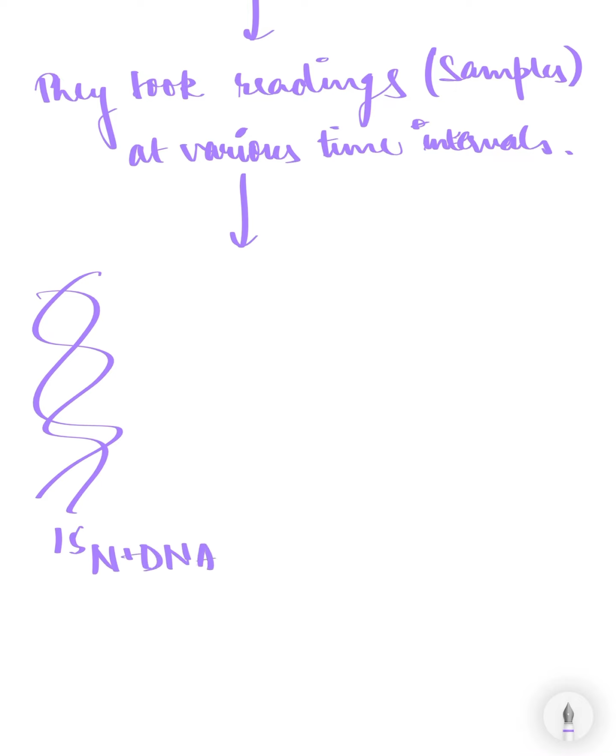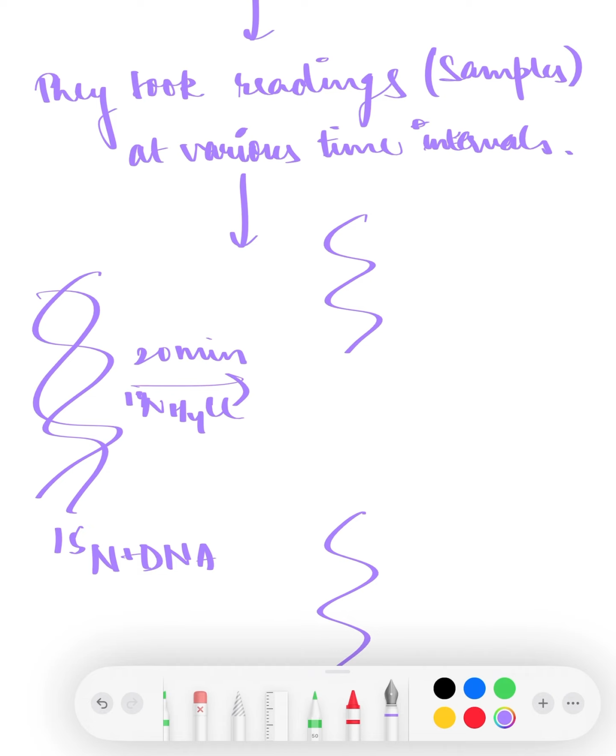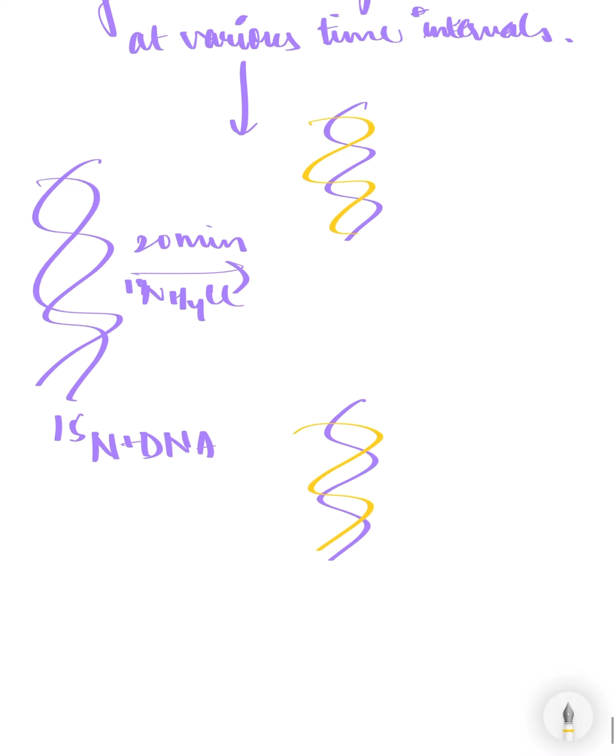When they grew it in the N14 medium, after 20 minutes they observed that one strand of the DNA, the purple one, is the heavy DNA. So they observed the hybrid form of DNA, which is the intermediate form of DNA as well. After this, they observed after another 20 minutes in the same medium.